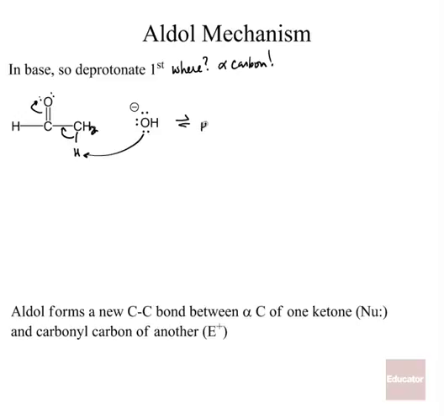to form an enolate. Now, every one of these steps is reversible, so we'll use our equilibrium arrows here to go from one to the other. Okay, so my first step is to make an enolate. And what kind of reactivity do we expect for an enolate? Well, it is a nucleophile, so we need to look around for an electrophile.